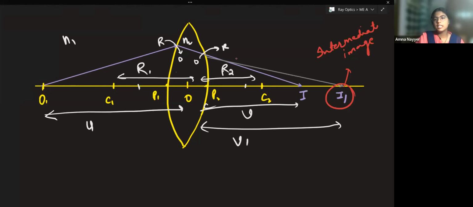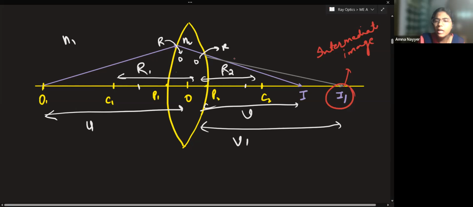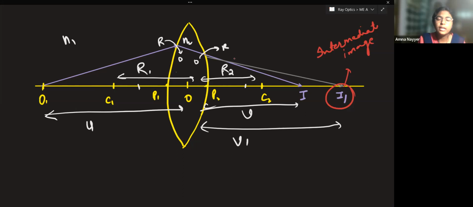Fine. Then this intermediate image acted as an object for this refractive surface. See, there are two refracting surfaces, so 2 times refraction will occur. In the final questions, or even in the diagrams, you will be directly doing it.